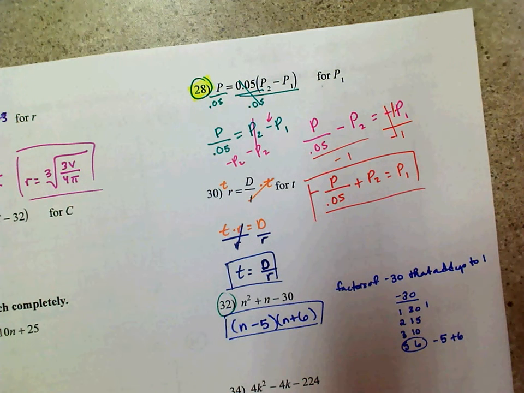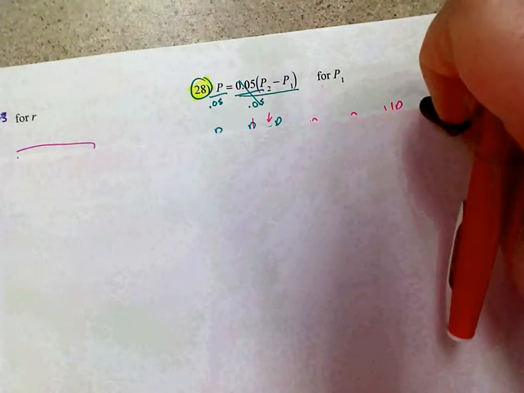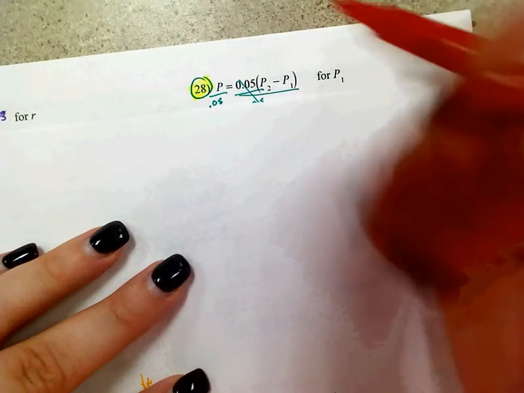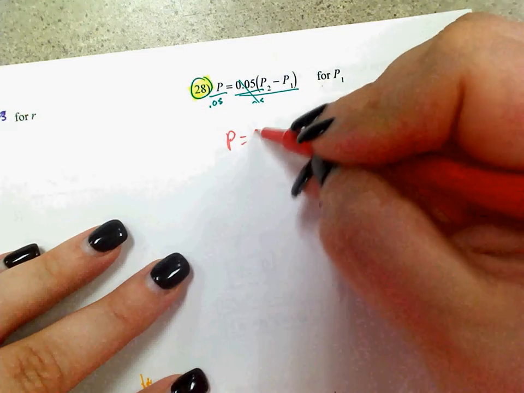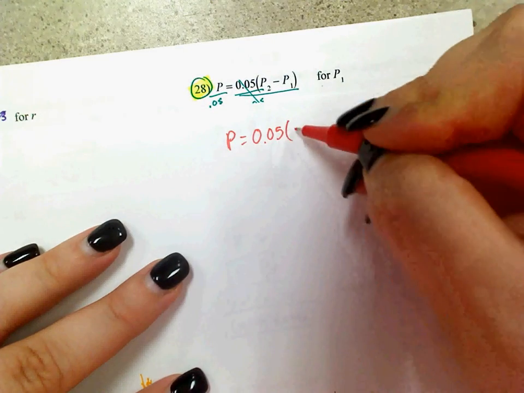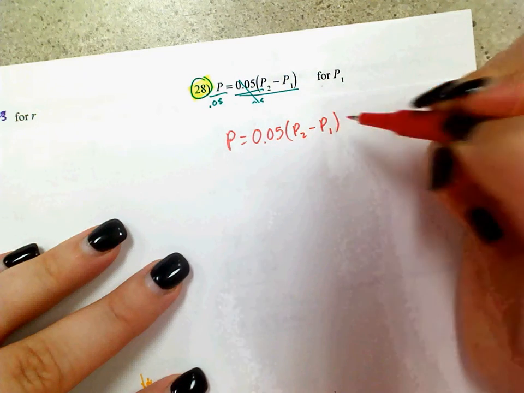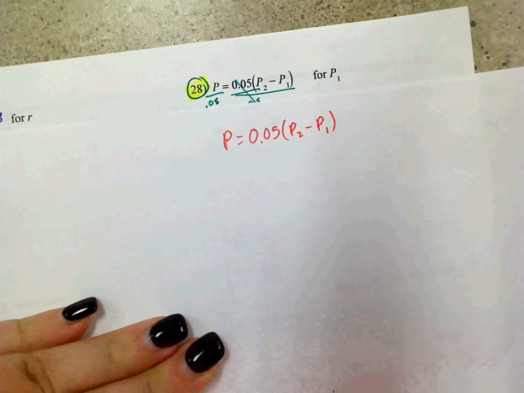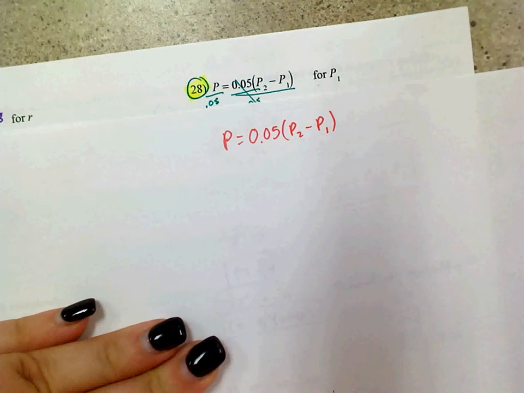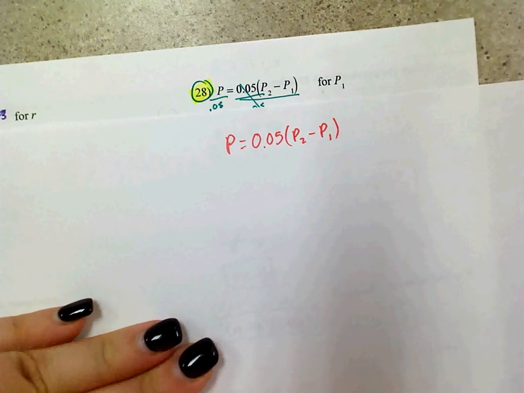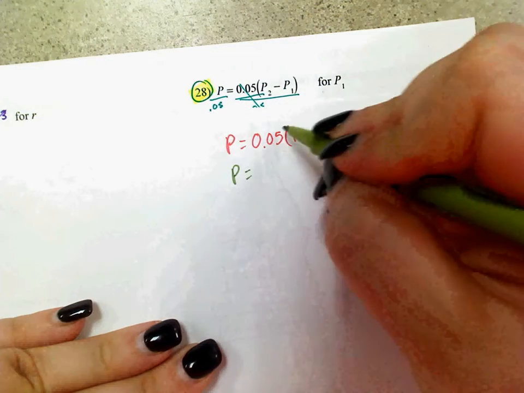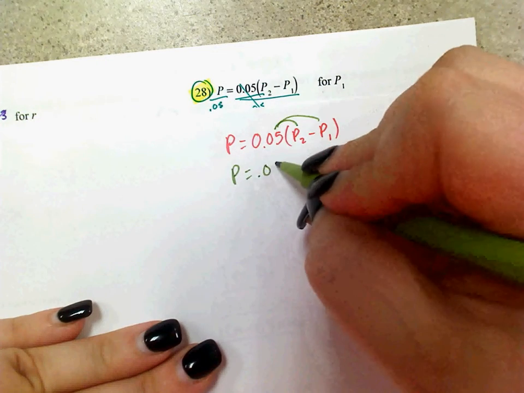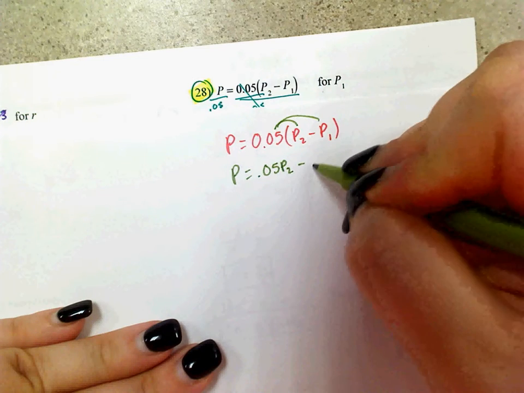Okay? Let's try it if you distribute, in case anyone does that. Because it's not wrong, it's just a matter of what you do after what you've done. So say you distributed 0.05. Then you would have 0.05 p sub 2 minus 0.05 p sub 1.